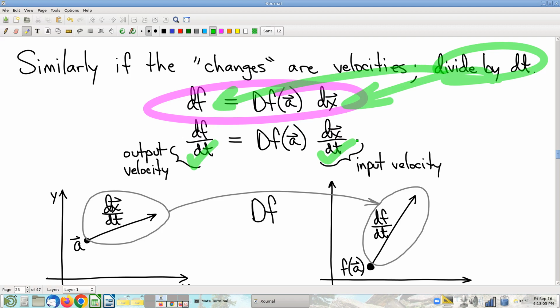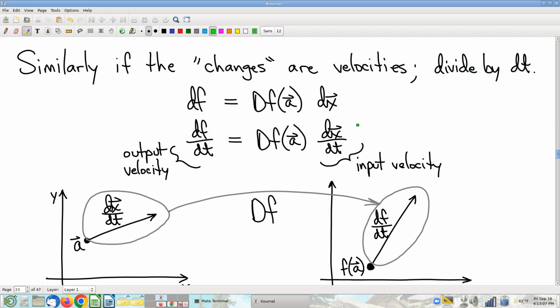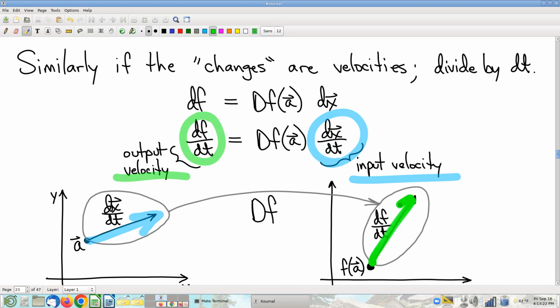Just by dividing by dt, notice that now what we have is an input, not a change, but an input velocity, an output, not a change, but an output velocity. These are instantaneous velocities. The limit, as it were, let h approach 0, is already wrapped up in the fact that these are instantaneous velocities. And so I don't have to talk about approximations anymore.